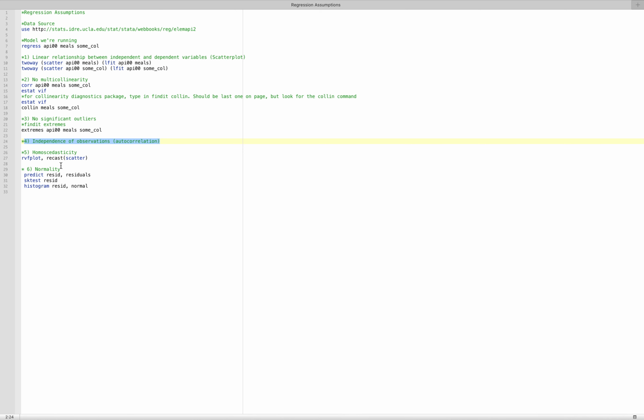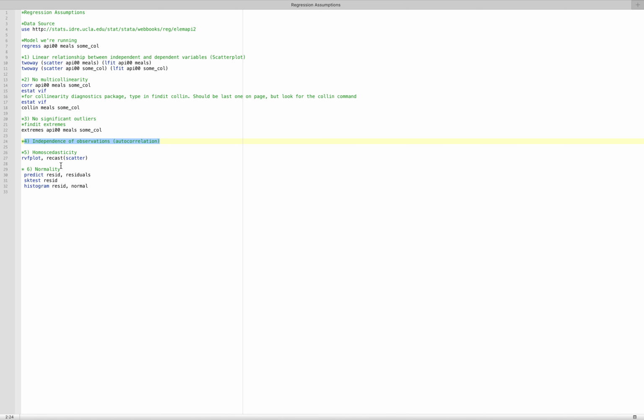So the residuals of people are pretty similar because people who are from the same community are more alike than people from different communities, or people who are in the same classrooms are pretty similar compared to people from different classrooms.